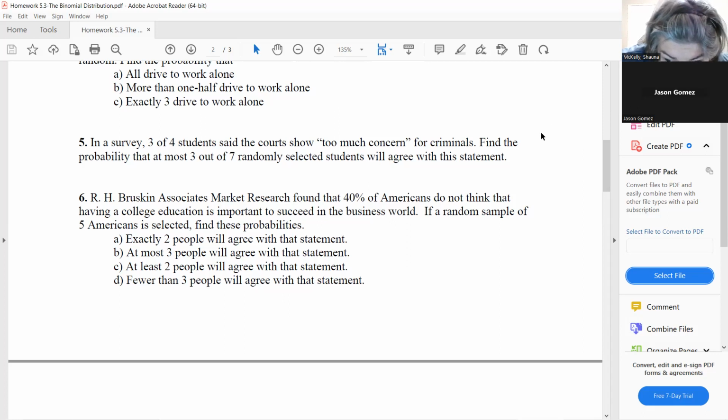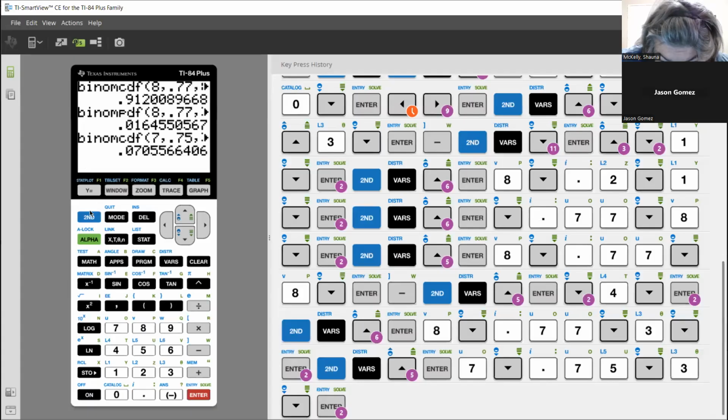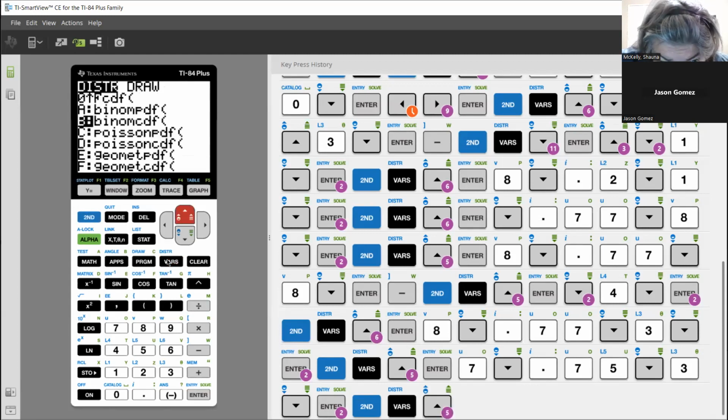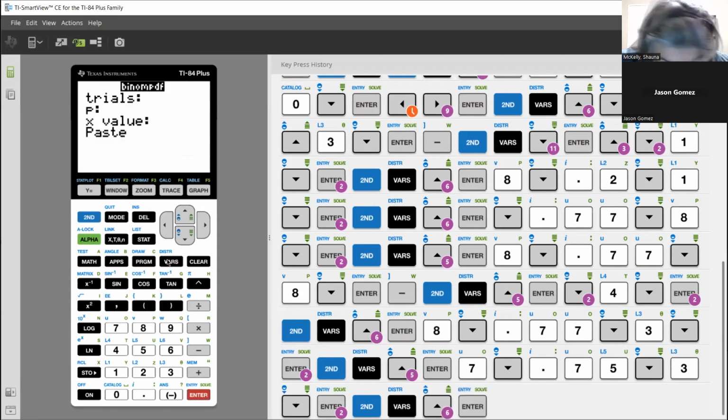So number 6 is going to be this. We're going to say second distribution, binomial PDF, and we're going to put in what you said. N goes first. N is the number of trials.